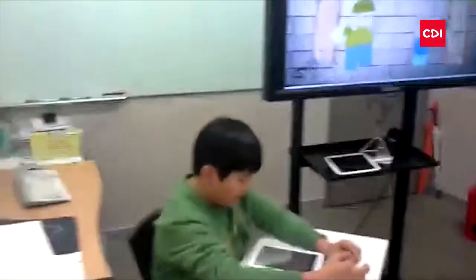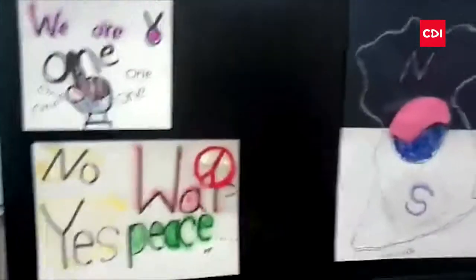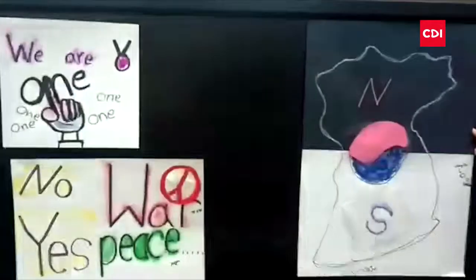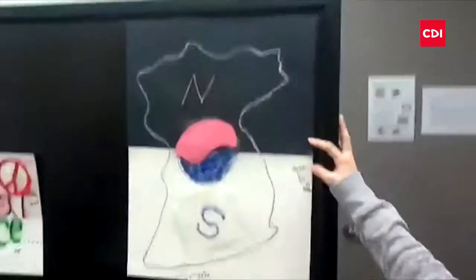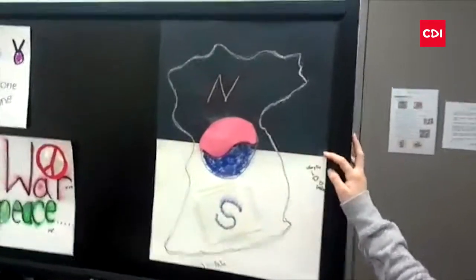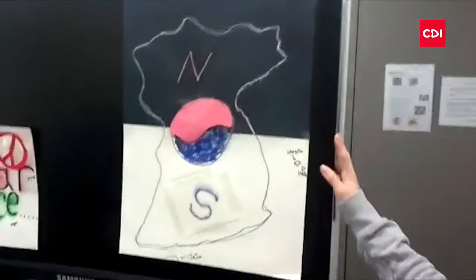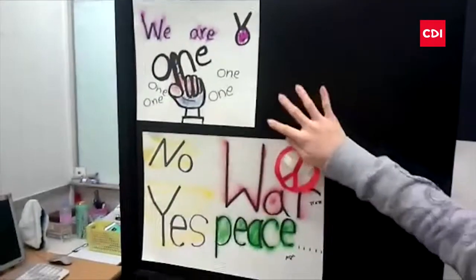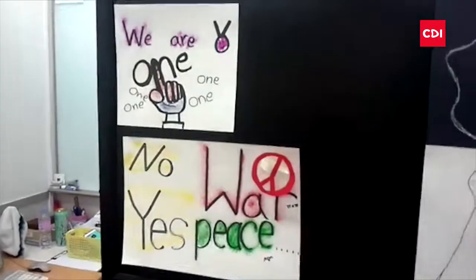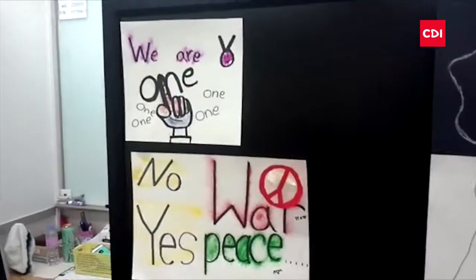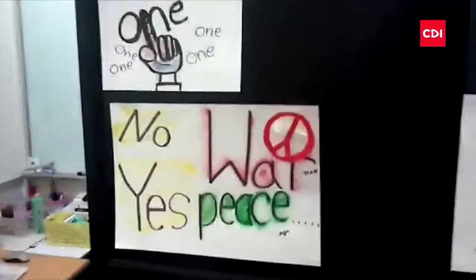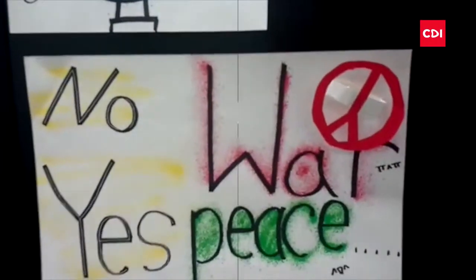But people who live in this building doesn't like this street art. Real quick, explain. This is the North Korea and this is South Korea. And they being one, the other colors can be one. And these colors mean they are different now, but they will be one. And it means we are one, and hence mean North Korea and South Korea. And our message is no war and yes peace.